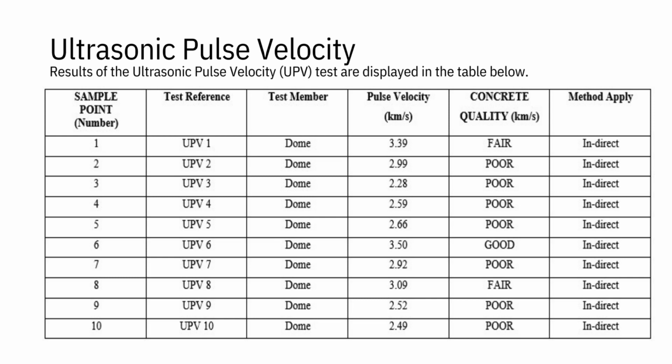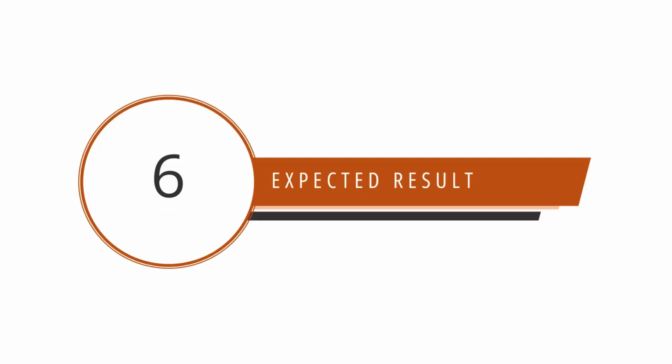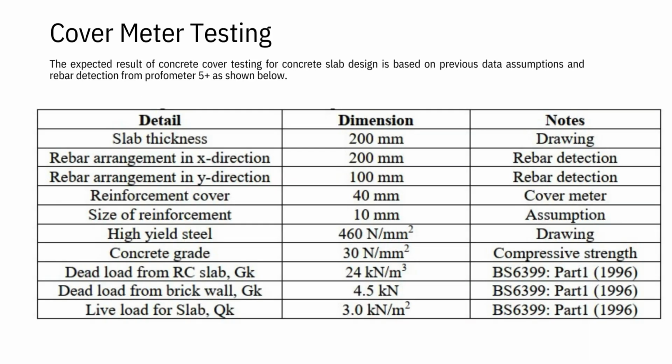Point eight we got a fair. Points nine and 10 we got a poor condition. So this is our expected result. The last method is the cover meter. This is how the expected result for the cover meter will look, which we are doing after this.